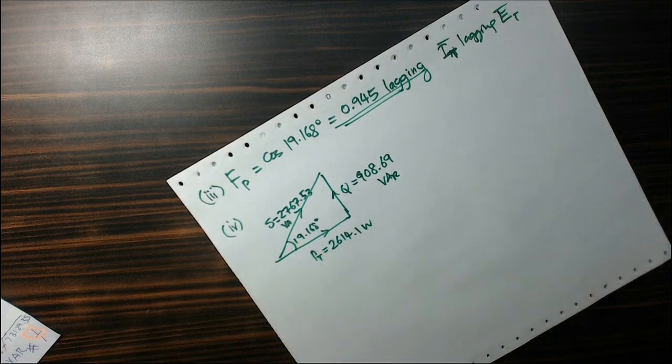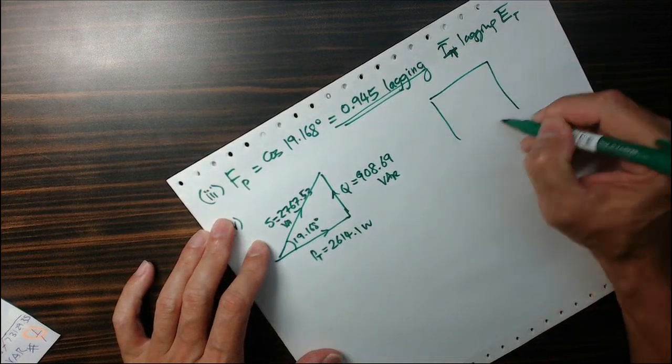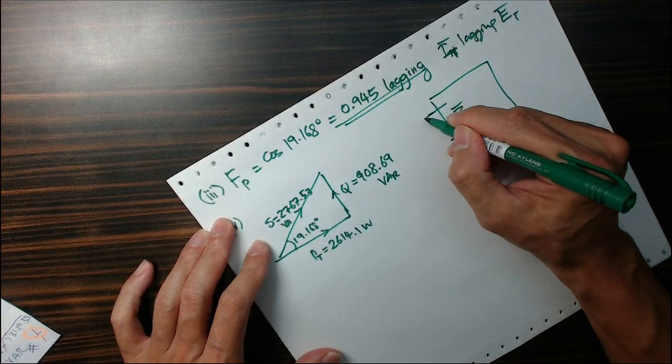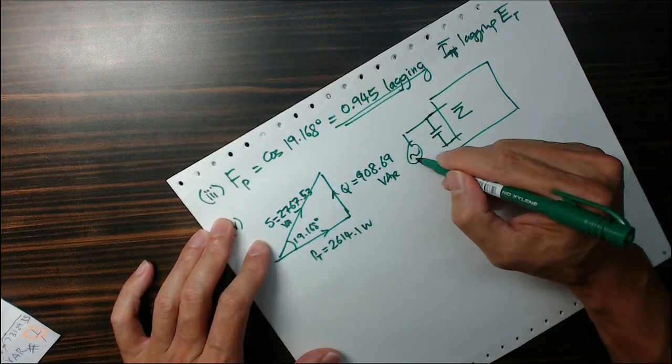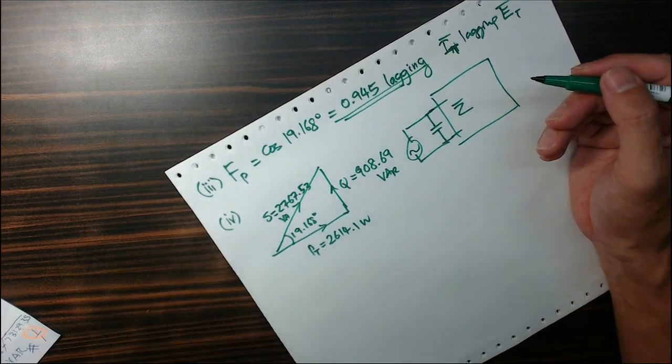Now we want to introduce a capacitor into the circuit. This is the total circuit that we have, the Z here. We want to introduce a capacitor here such that I can improve the power factor to 1.